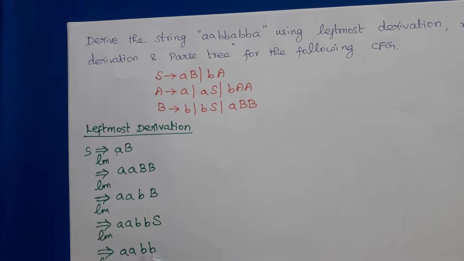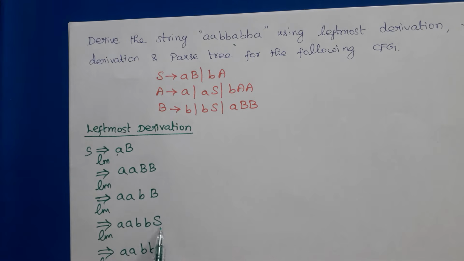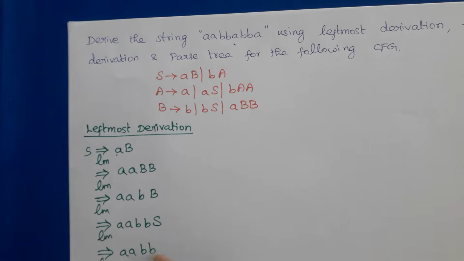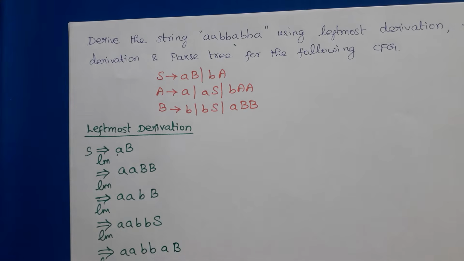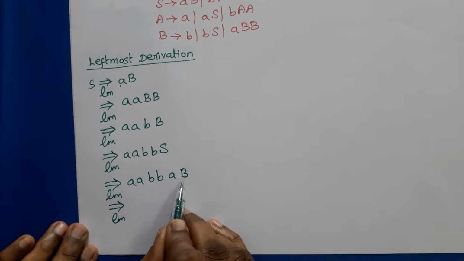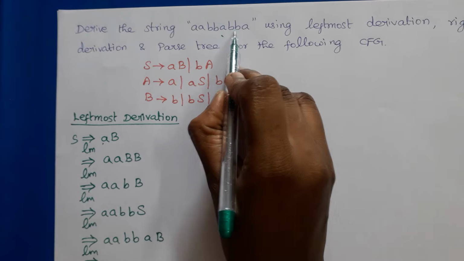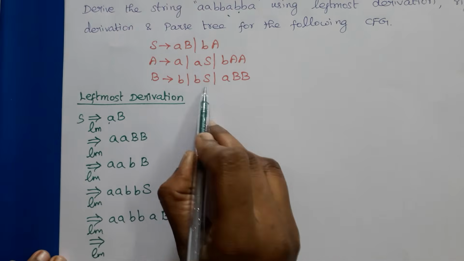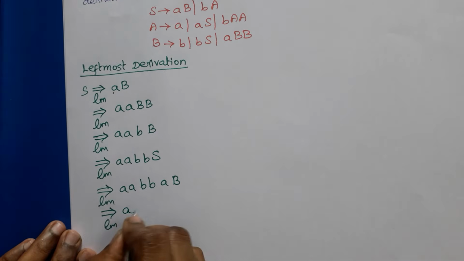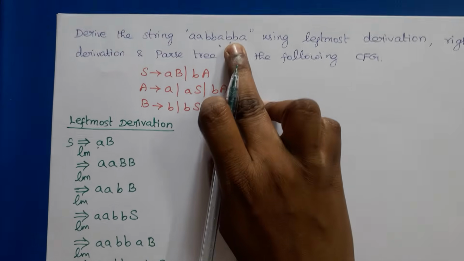Then AABB. So next we need A. So S is the leftmost variable. So S must be replaced by AB. Next the leftmost variable is B, and we need B here. So B must be replaced by BS. AABB BS. Again we need B. So this S must be replaced by BA.